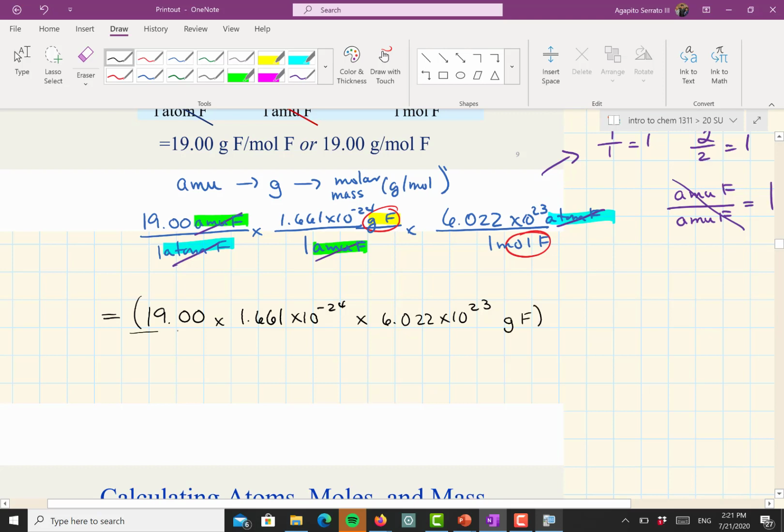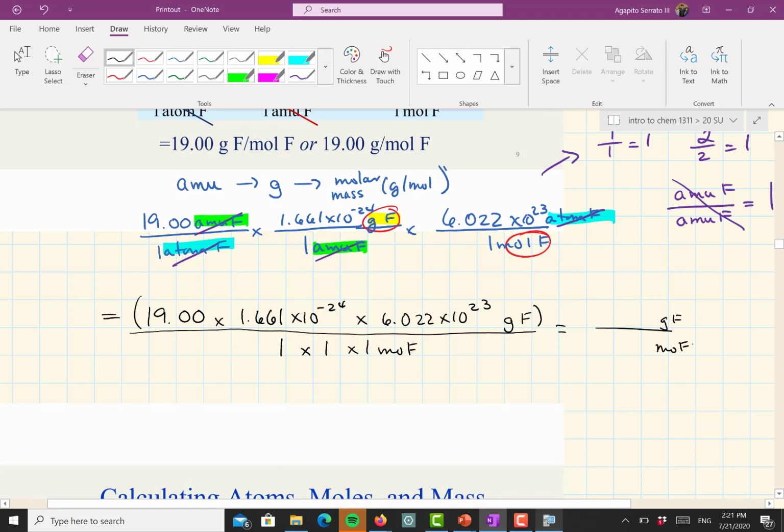Once I do all that, I get some number, and I'll put that onto the top. But then let's arrange these down here. This one's pretty easy. This one's going to be 1 times 1 times 1 mole of fluorine. And I do this the long way so that you all can see exactly what's going on. So units down here are moles of fluorine.